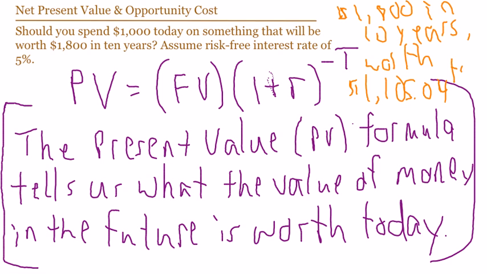We took that value, money in the future, $1,800 in 10 years, and we say, well, how much is that worth today? It's worth $1,105.04. And why is money in the future worth less than money today? Because you could always invest money today and let it earn interest over time.